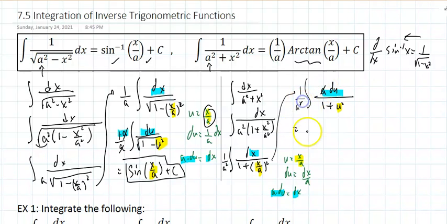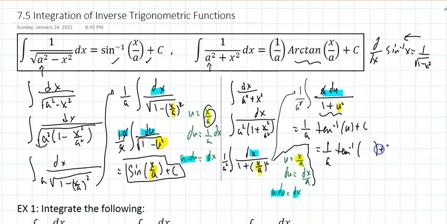Here this cancels one of those, I'm left with 1 over a, and this integral is inverse tangent of u plus c, and that would be 1 over a, the inverse tangent, and my u initially was x over a.